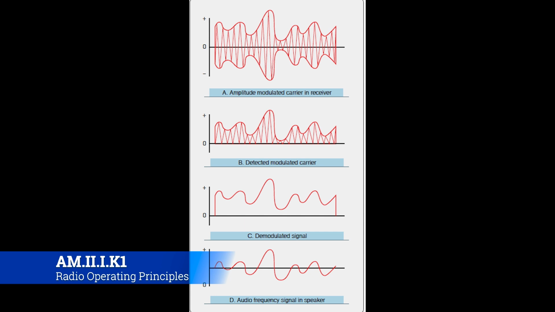From there it gets piped into a speaker, and it comes out as noise, because as that wave oscillates up and down, it moves magnets inside of the speaker that's attached to a diaphragm, and that moves air and creates vibrations in the air, which we then interpret as sound.